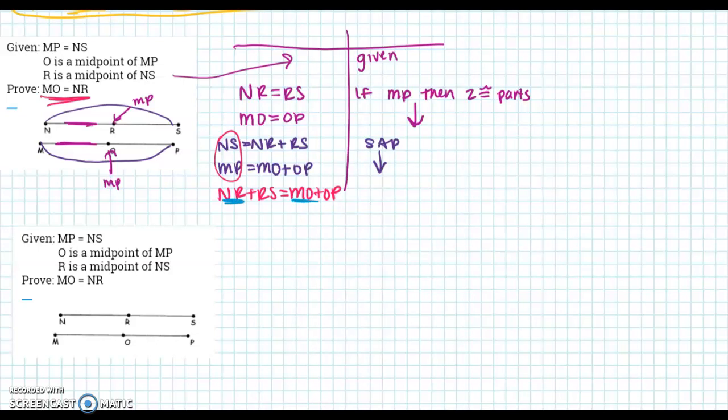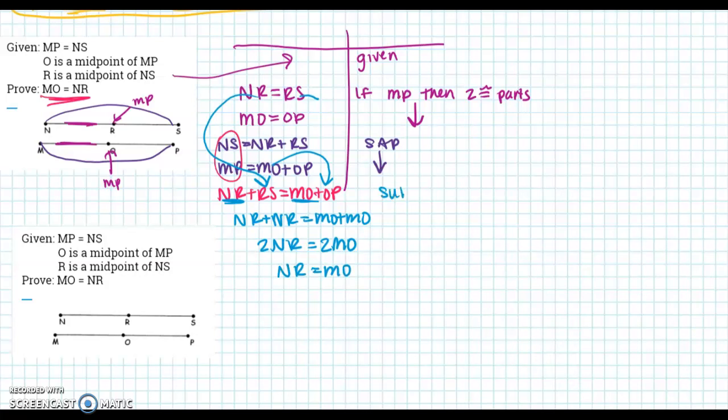So I'm going to substitute NR in for RS, and I'm going to substitute MO in for OP. So I have NR plus NR equals MO plus MO. Then I would have 2NR equals 2MO. Then I would divide by 2.